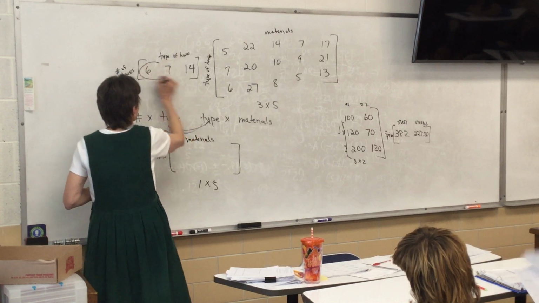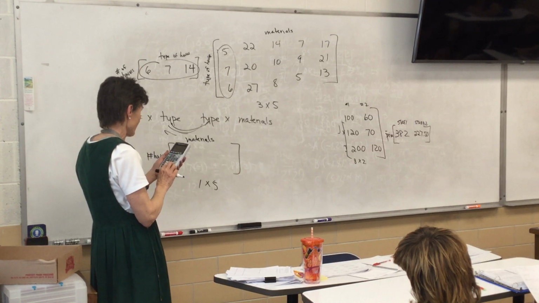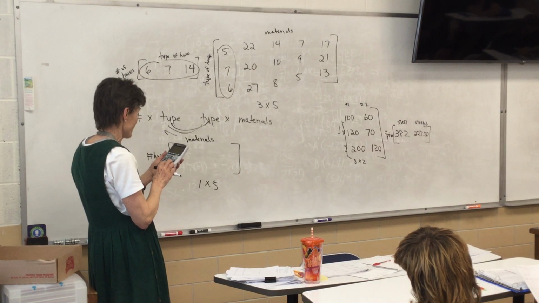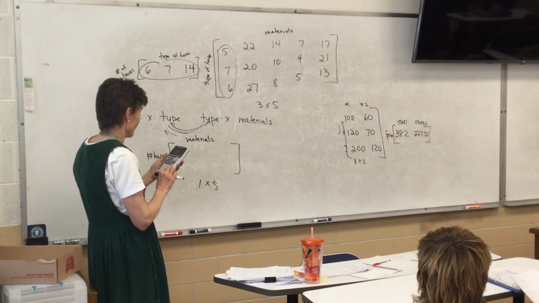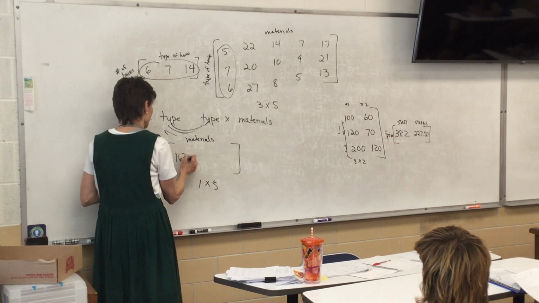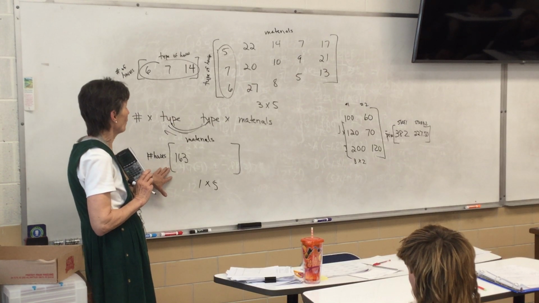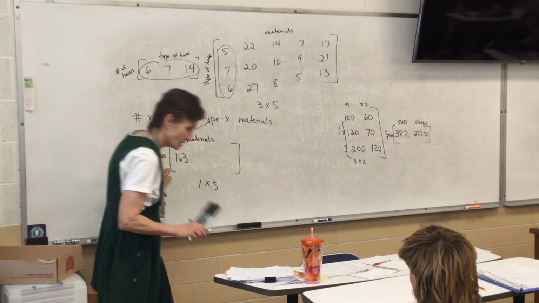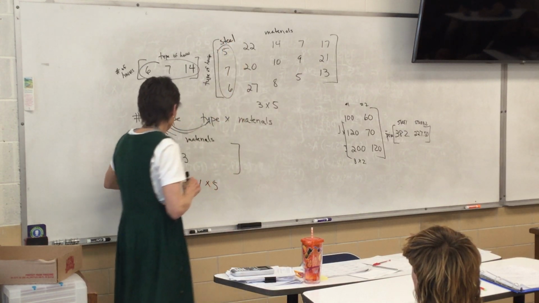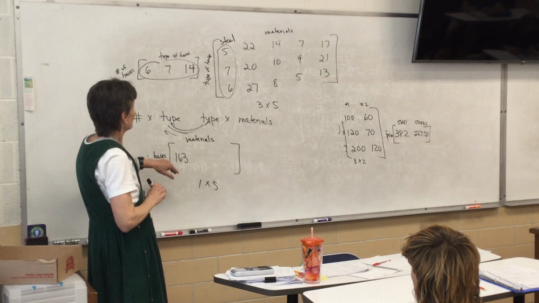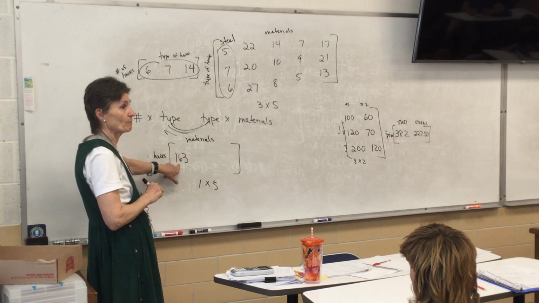So to do this, we're going to take this times this. That's going to be 30 plus 49 plus 84. So I got 163. Now before I get any further, I want to stop and think about what that means. This is steel. What's that 163 represent? Lane?